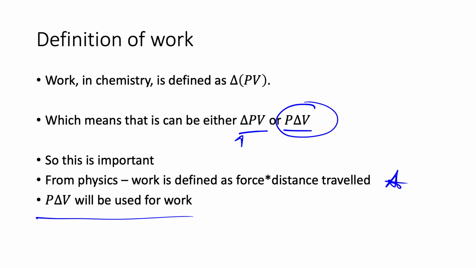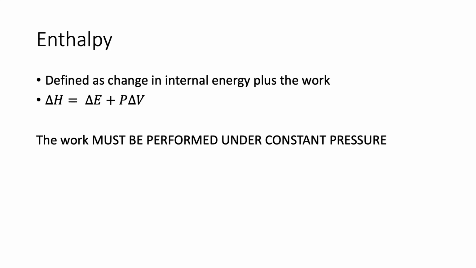Now we're going to move on to another variable, and that's enthalpy. Enthalpy is defined as the change in internal energy plus the work. And sometimes, remember, heat can also be equivalent to Q. So the change in internal energy plus the work being done gives us enthalpy.